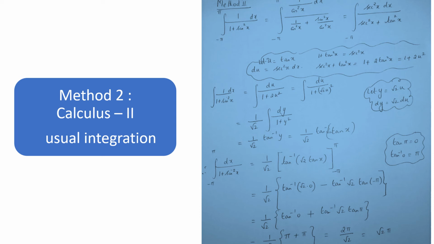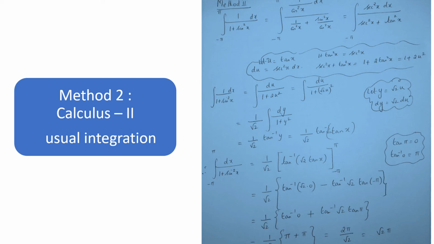So this whole integral, which is in terms of x, can be converted into an integral in terms of u as du by 1 plus 2u squared, which is nothing but du divided by 1 plus root 2u the whole square.